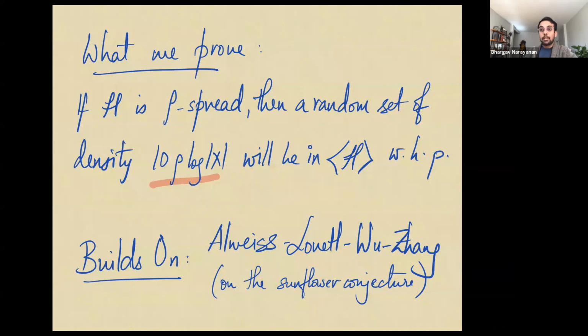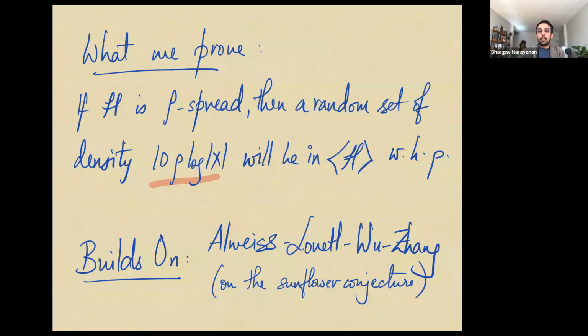if I take a random set of density rho times a logarithmic correction, well, that x again will get replaced by the minimal elements, or the largest size of an element in H, but at least for the purposes of the talk, a logarithmic correction, so a random set of density rho times log x, will end up containing some set in your hypergraph.